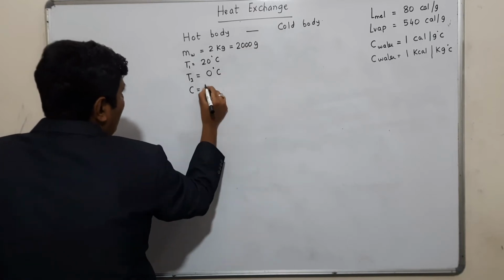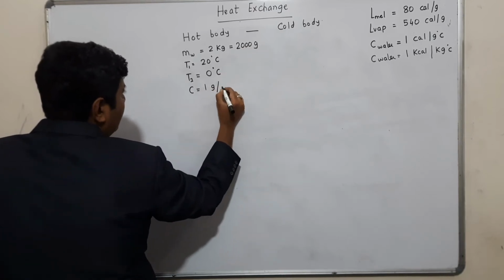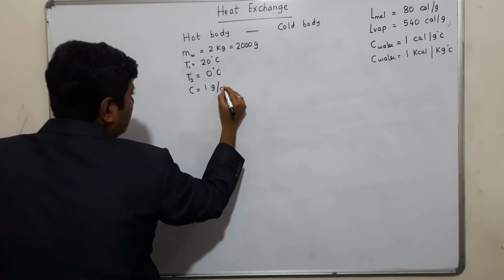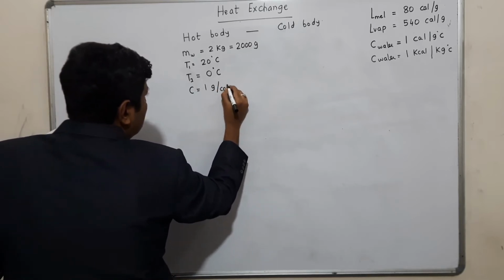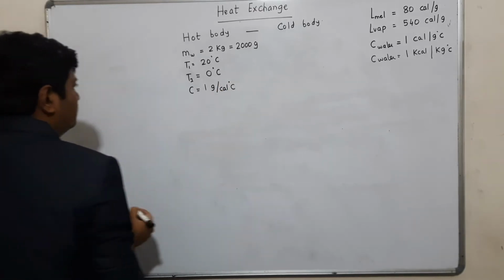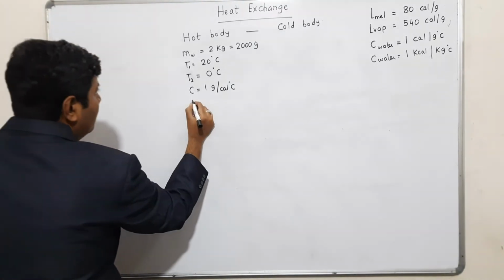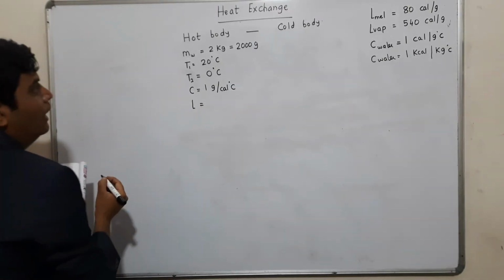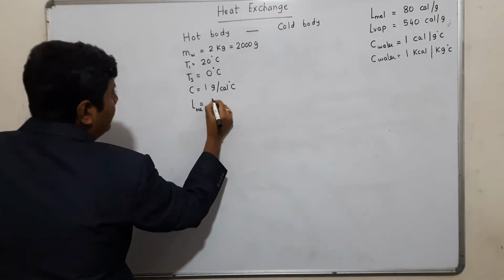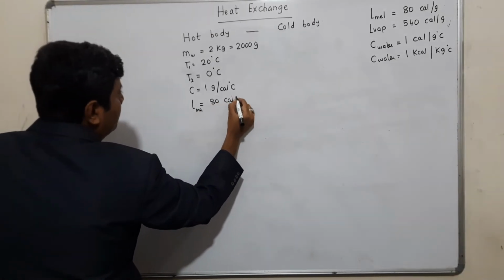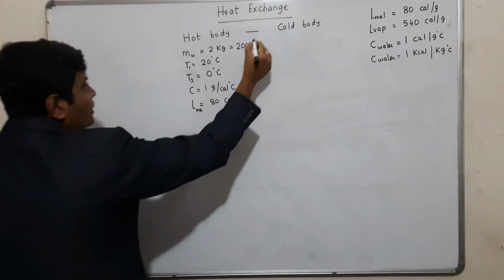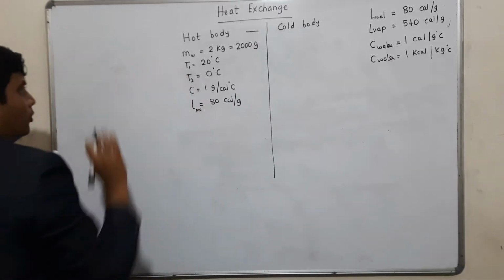So C is equal to 1 calorie per gram per degree Celsius. And what is L? L of melting is how much? 80 calories per gram. So this is all what I know about hot body.